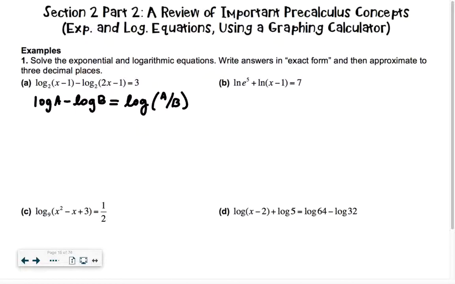When I get confused, I always think about the logs with base 10. If I do log of 1,000 minus log of 10, do you remember what log of 1,000 is? Yeah, it's 3. You just count the zeros. So this is 3 minus 1, which should be 2.